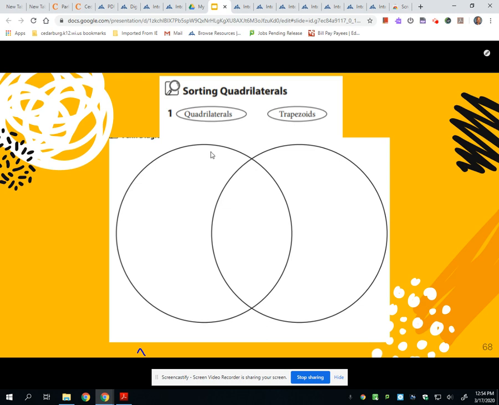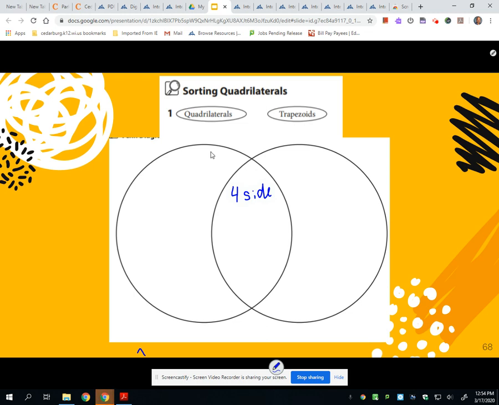So what do we know that is similar between quadrilaterals and trapezoids? Go ahead and pause the video and make a Venn diagram for this. Remember, quads have 4 sides and trapezoids have 4 sides, right?